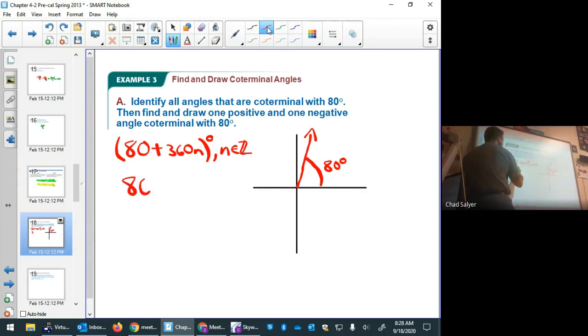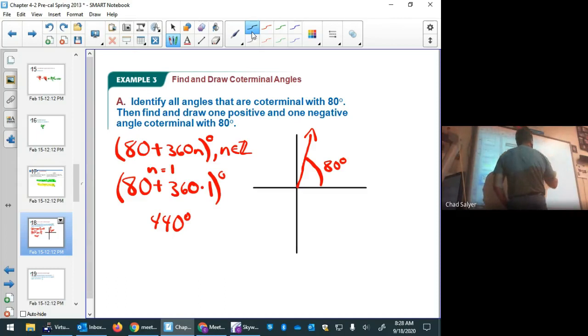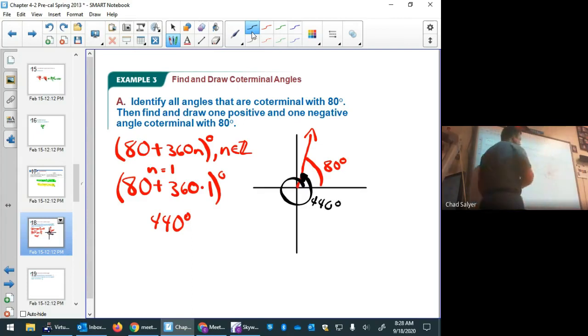Well, the easiest positive one is to let n equal 1. So this is our positive coterminal angle. I'll let n equal 1. So this is 440 degrees. And 440 degrees is going to look like this. And then one negative, they said.